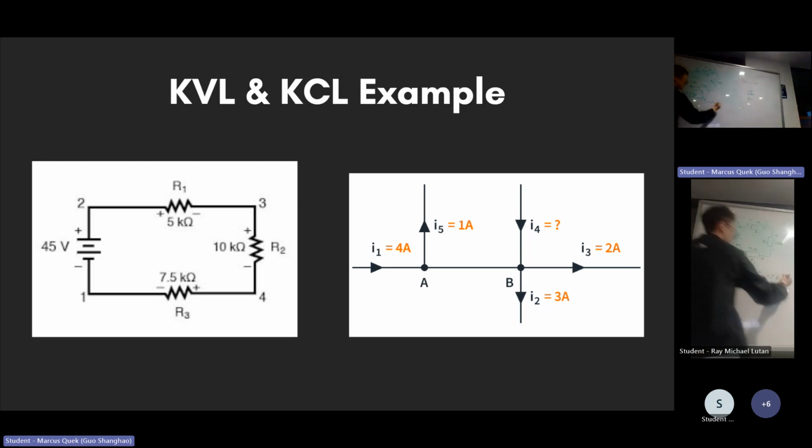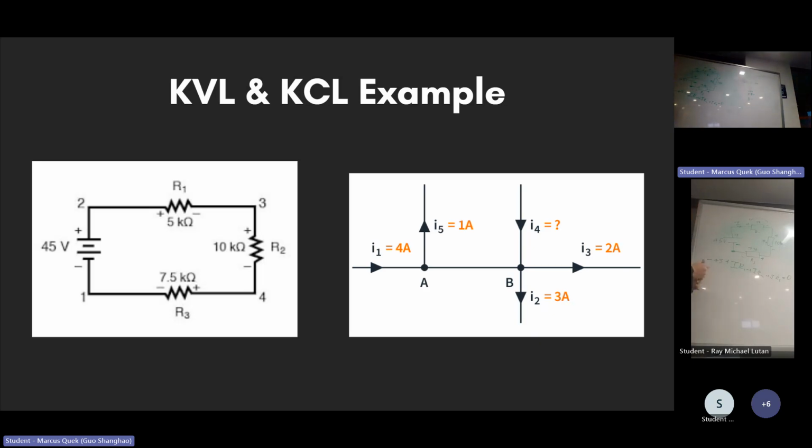This is equal to 0. That is your Kirchhoff voltage law equation. Then you can just substitute in and find out what I is. That's basically KVL for a simple circuit.